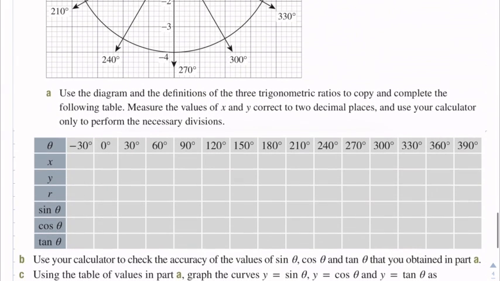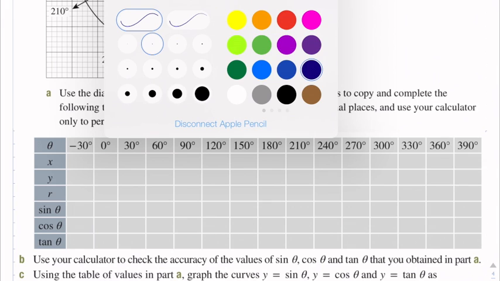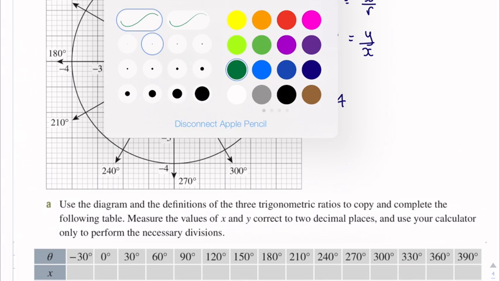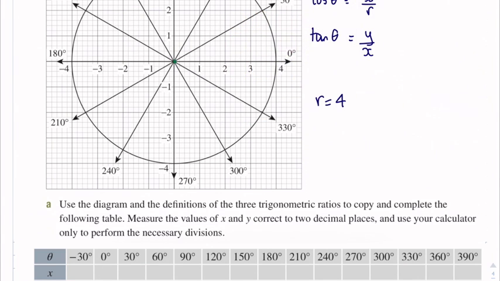So for the first one, they've asked me to do it for negative 30 degrees. So what I'm going to do is I'm going to go from the center out to negative 30 degrees, and I'm going to draw a triangle under it.